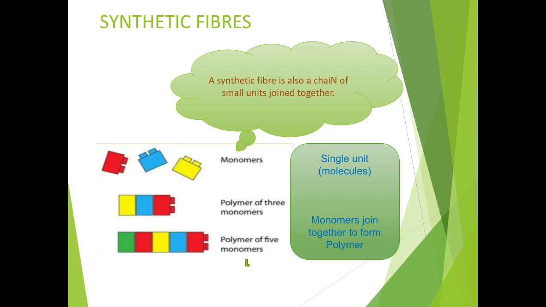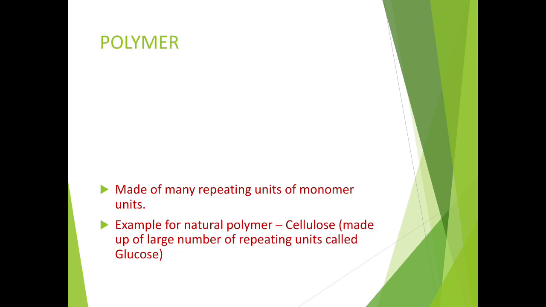Okay. Now, what are polymers? Polymers are made up of many repeating units of monomers. Monomers are single units of molecules, and these molecules can be joined together to form long chain of molecules, and that is known as polymer. An example for a natural polymer is cellulose.